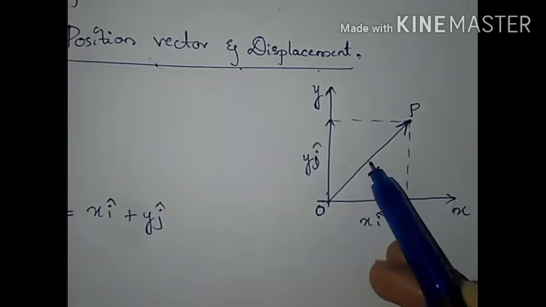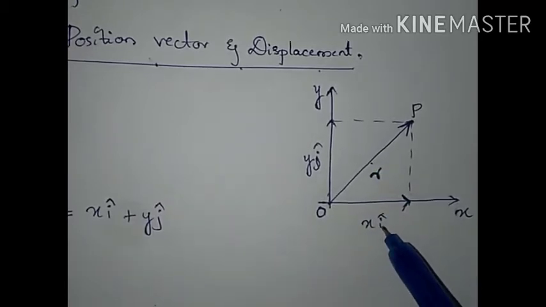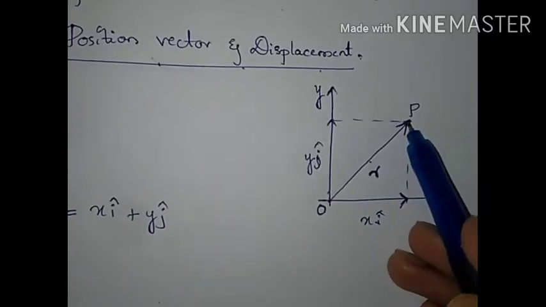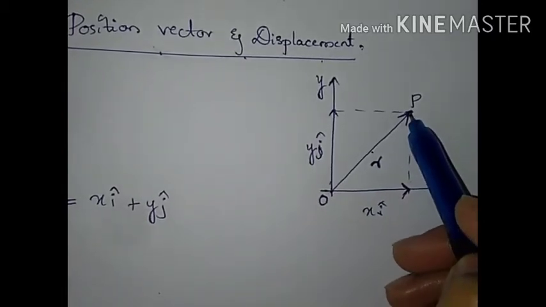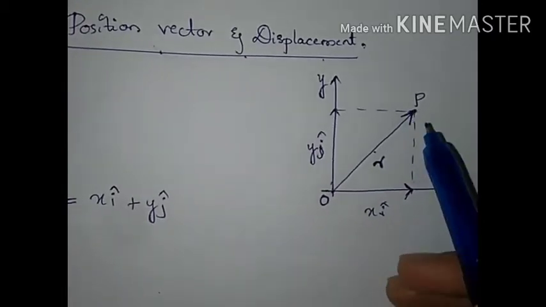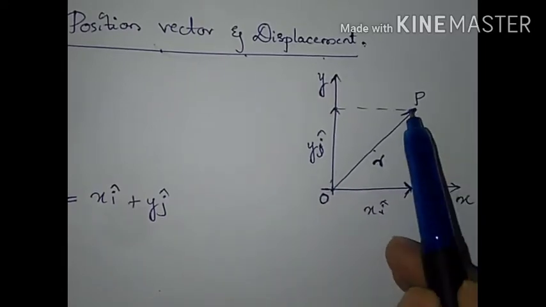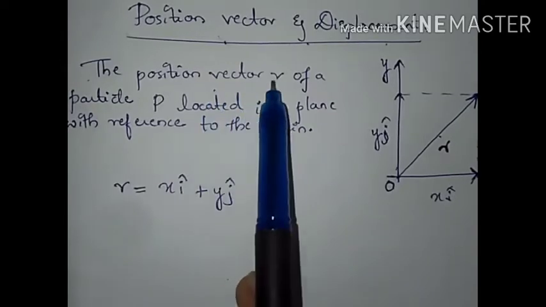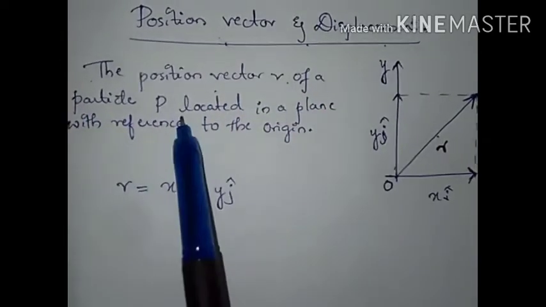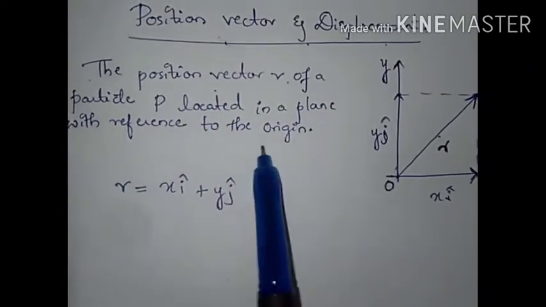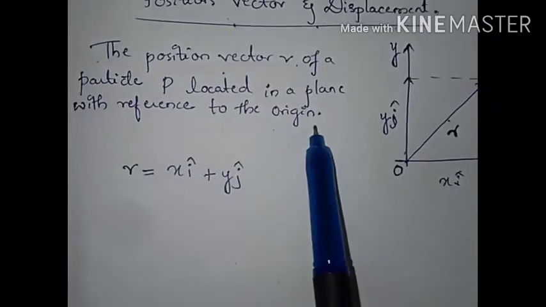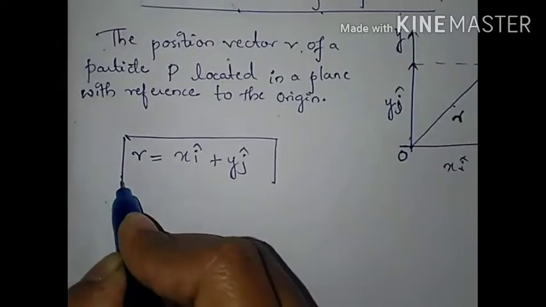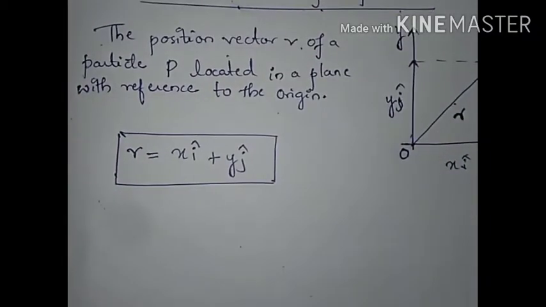So now r can be written as x i cap plus y j cap. So this is the position vector of a particle P which is located at point P. So the position vector r of a particle P located in a plane with reference to the origin can be written as r is equals to x i cap plus y j cap.